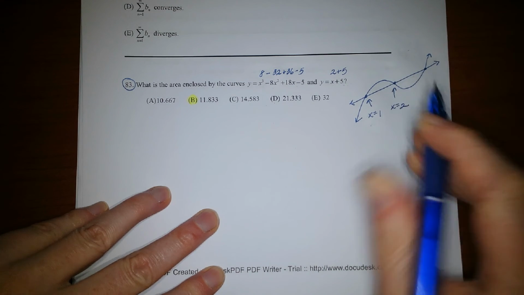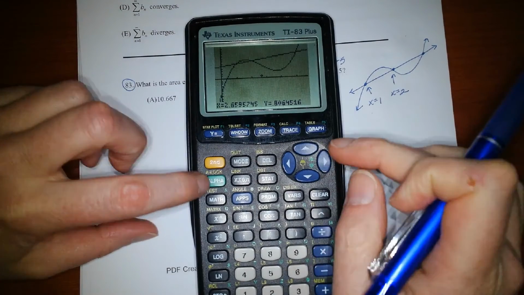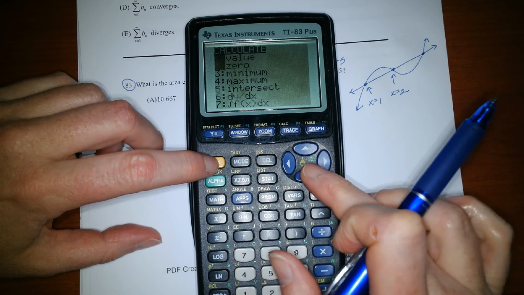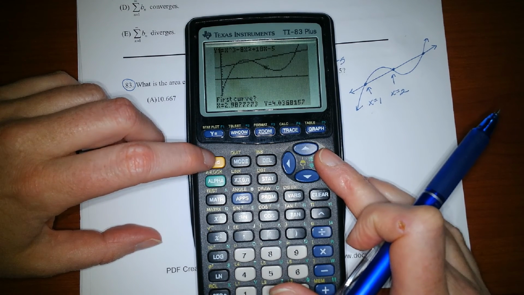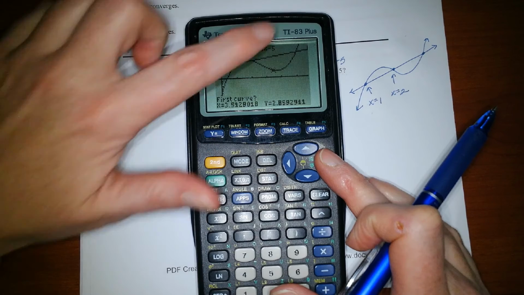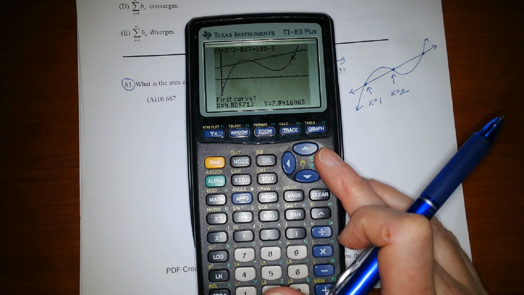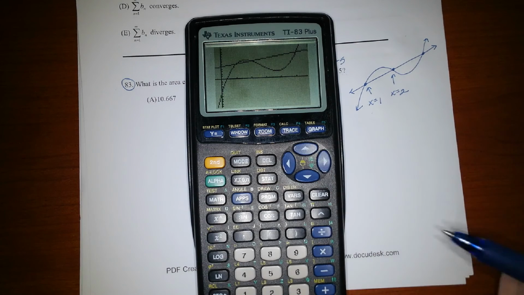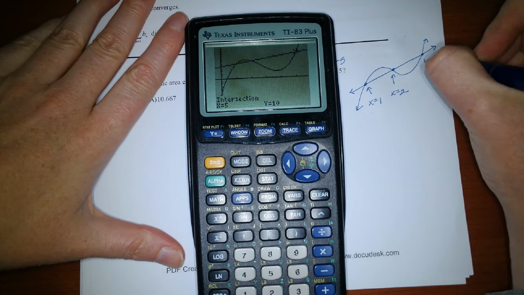And then the other way, I'm just going to demonstrate it on 1 to avoid repetition in the video, but you also could have used the calculate feature and then gone to intersect, and then get close to whichever intersection you want it to find. So let's say I'm wanting it to find this last one. You're just trying to make sure that it's as simple as it looks. And yeah, so that is indeed at 5.